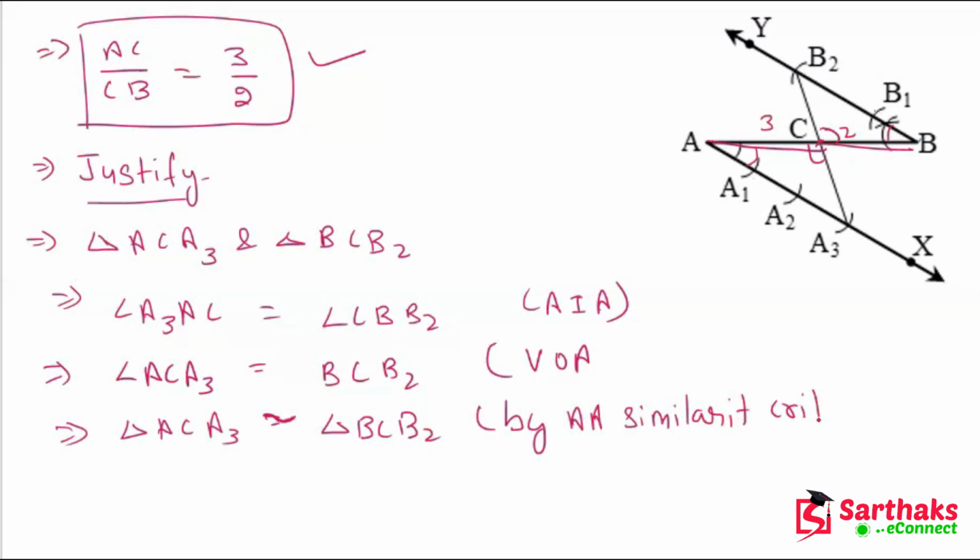I hope you understand these things. So now we can write it like this: AA3 upon BB2 is equal to AC upon CB.